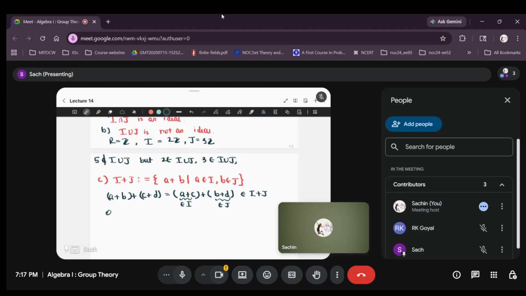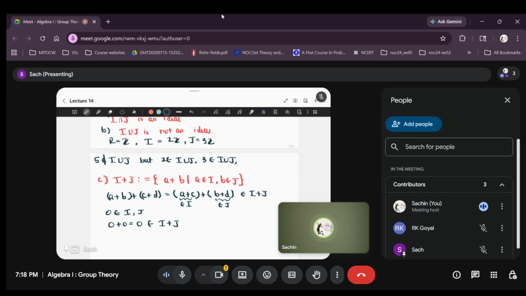Then, since they are additive subgroups, 0 belongs to I and J. So 0 plus 0 equals 0 belongs to I plus J, where the first 0 comes from I and the second 0 comes from J. So we have the identity.